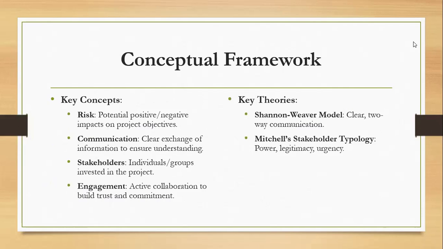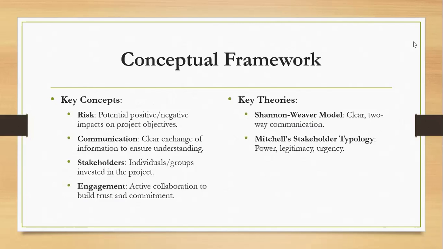In this section, let's define some key terms and look at the ideas that guide risk communication and stakeholder engagement. First, risk means the possibility of something happening that could affect the project positively or negatively. In project management, it's important to identify risks early, evaluate them, and take steps to manage them.